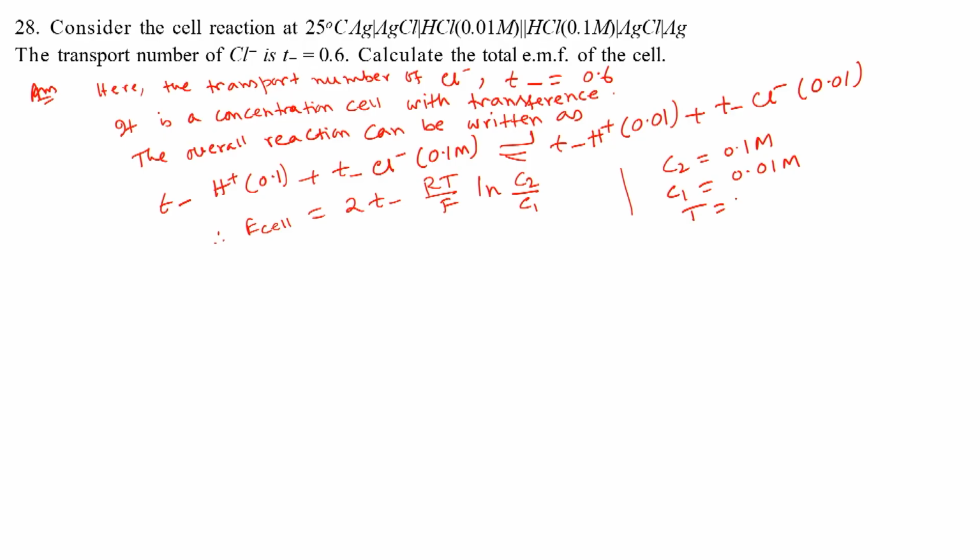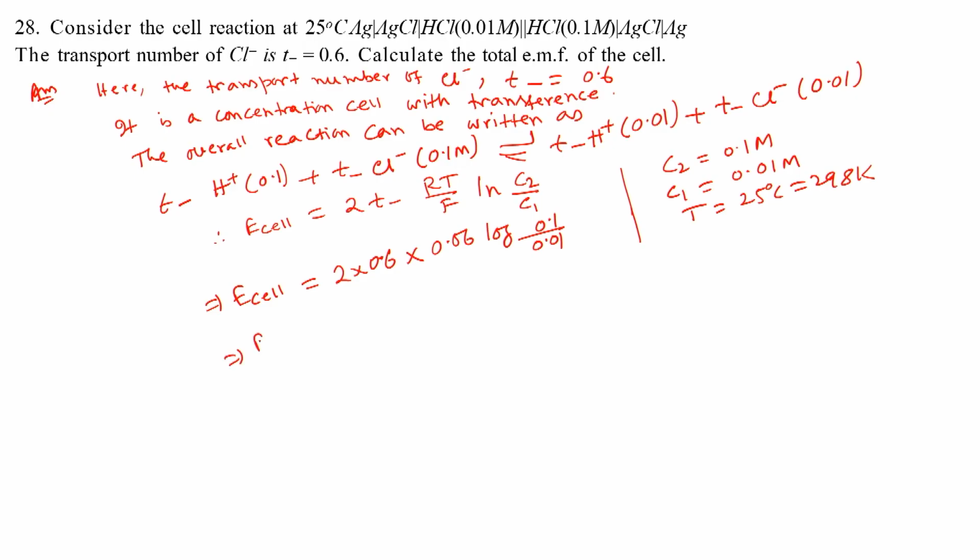T is 25 degrees Celsius, which means 298 K. Okay, so these are the values given. So E cell will be 2 times T minus, given as 0.6. Now RT by F times 2.303 multiplied at 298 K, we get 0.06.